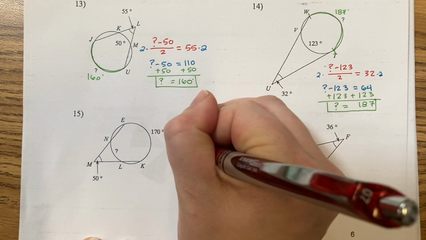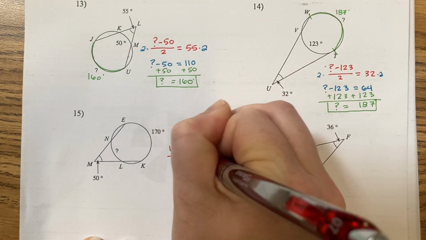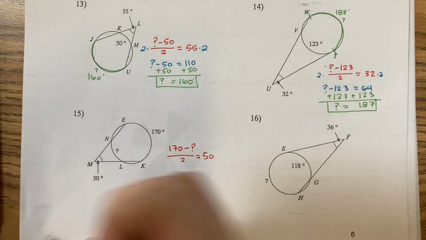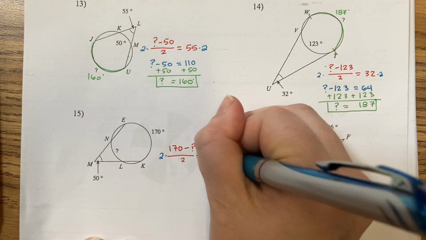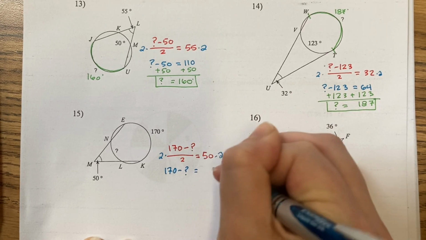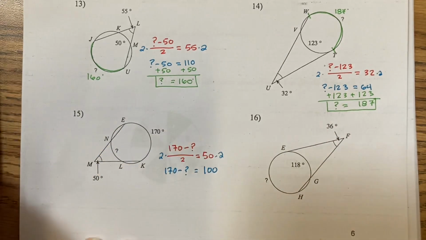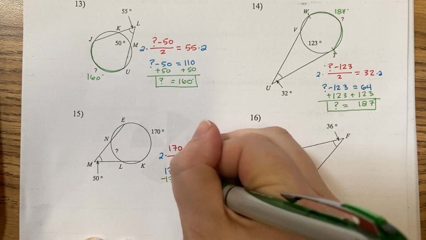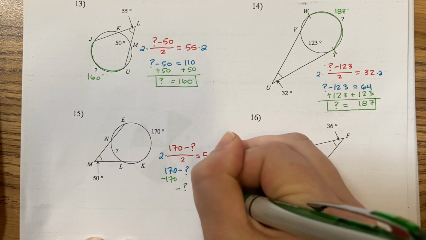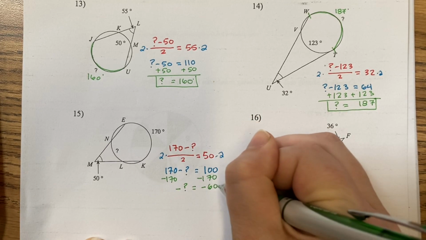Big arc minus the small arc divided by 2 equals the angle, times by 2. Then I get rid of the 170. Now that's weird because it equals -60.